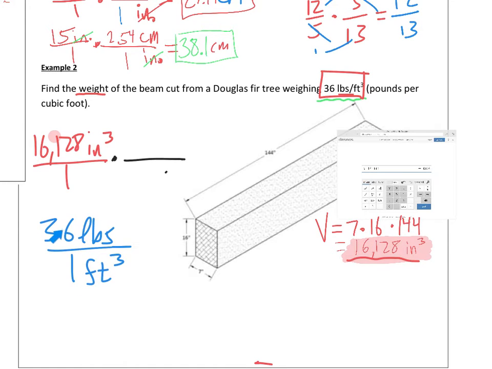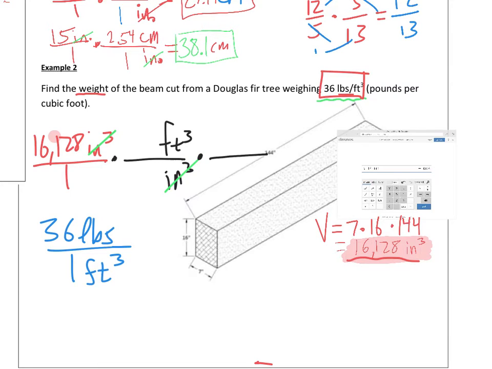This deals with cubic feet to pounds, but I'm in cubic inches. So we're going to multiply by cubic inches on the bottom, and that's going to get rid of cubic inches, and I want to be left with cubic feet, because I know something about cubic feet. Now I'm going to come back and fill in numbers.